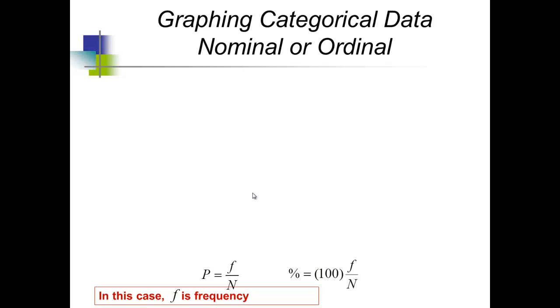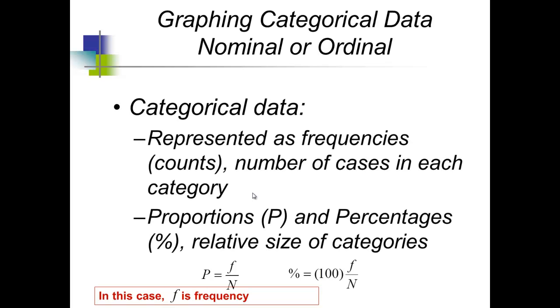All right, so when we look at categorical data or nominal data or ordinal data, basically groups of data, we have two main ways to look at them. The categorical data can be represented as frequencies, which are counts for numbers of each category.